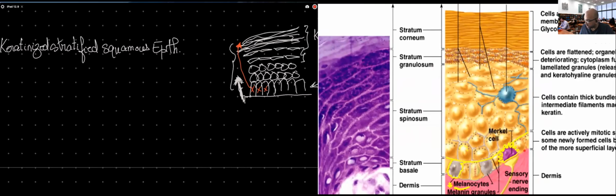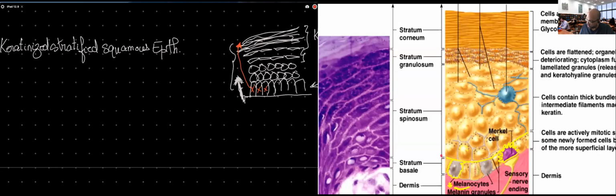We have stratum basalis. Embedded between the basal cells, we've got the melanocytes, and we've got the Merkel cells, which are responsible for detecting sensations, cutaneous sensations.